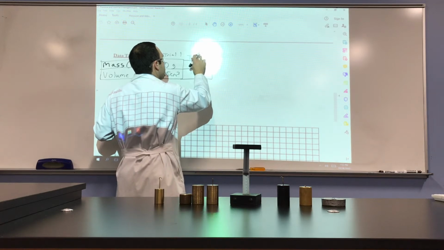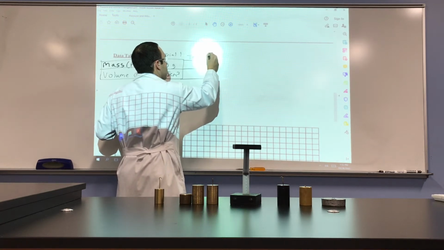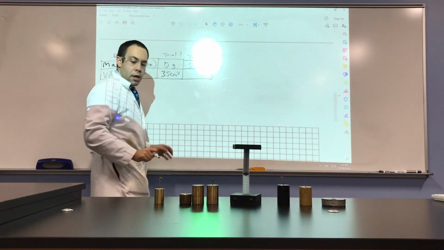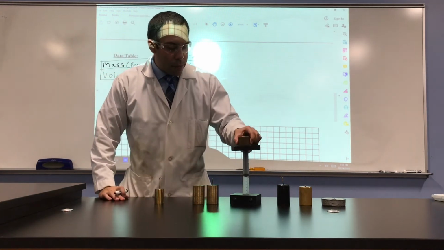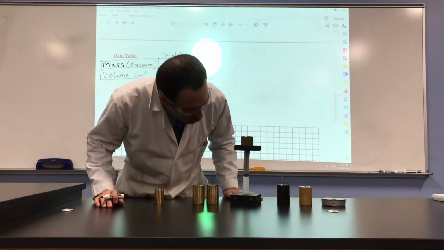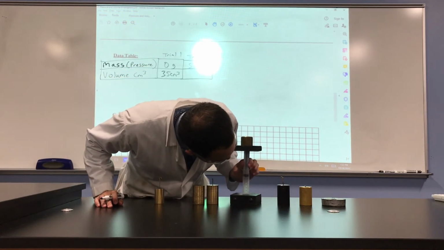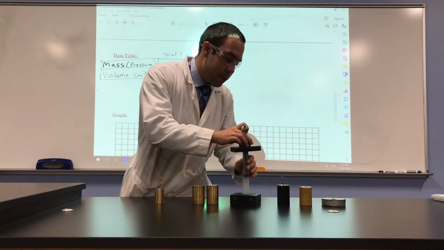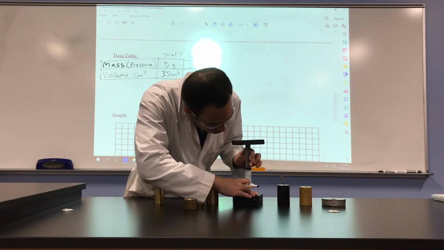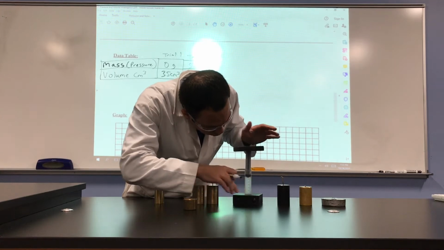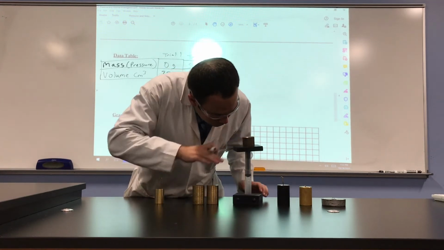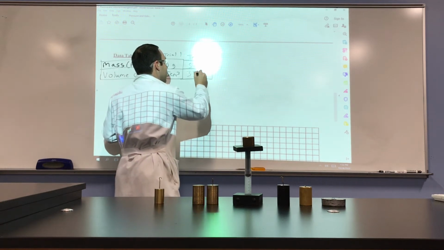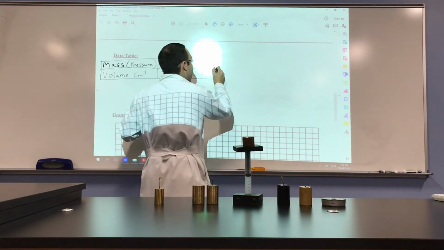Trial 2. Let's put 500 grams on there. Let's reset this. We have 500 grams on there. We're still at 35 cubic centimeters.